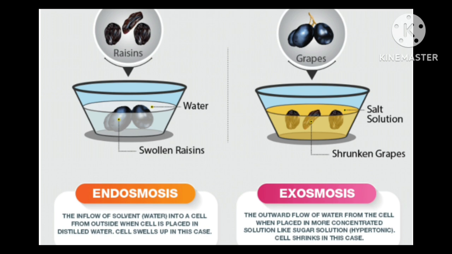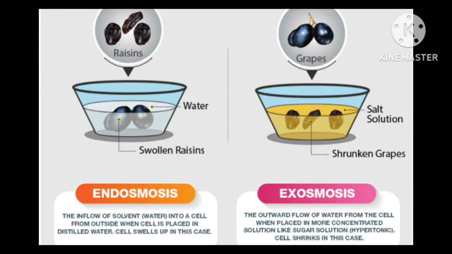Now after 12 to 13 hours, you will notice that the raisins have swelled up whereas the grapes have shrunk. The raisins have absorbed water but the grapes lost it. In both cases, the gain or loss of water occurs through their skin or peel, which is a semi-permeable membrane.